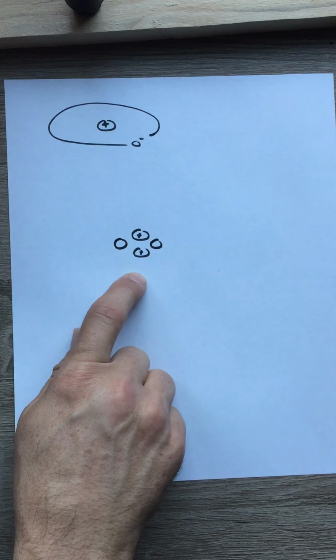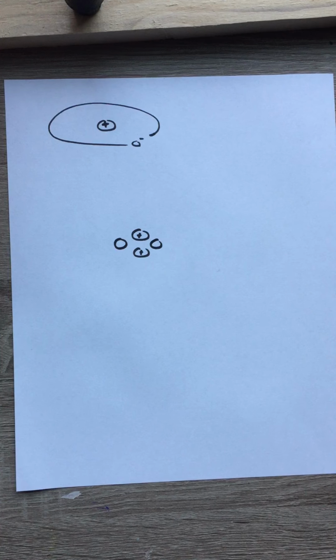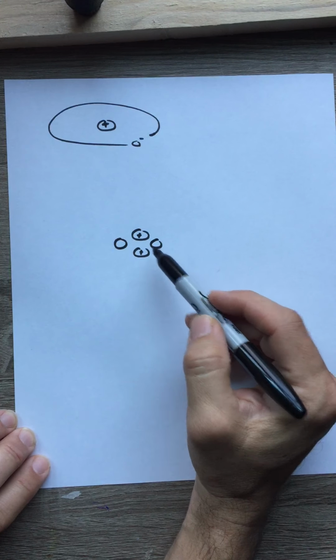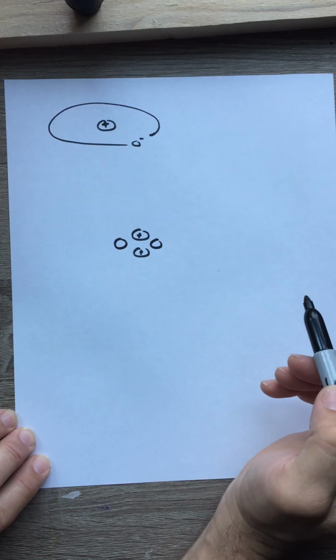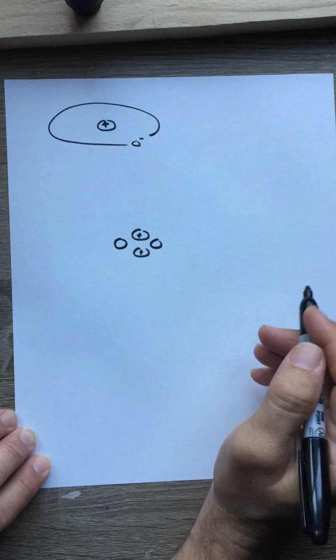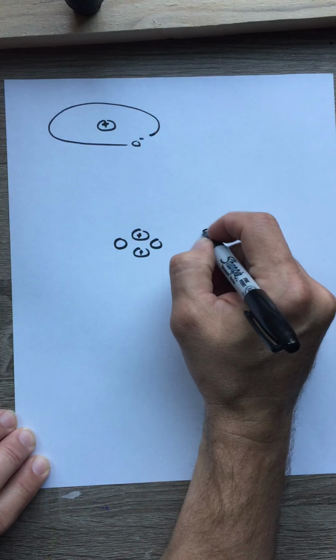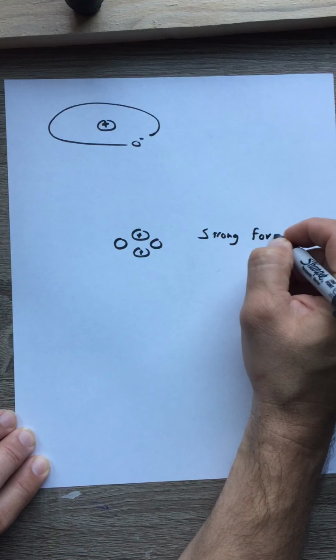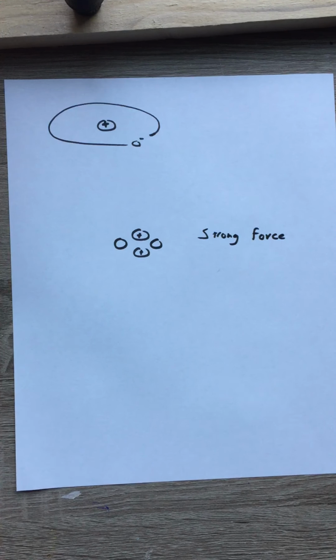And then I've got two neutrons, which don't really care because they're not electrically charged. So what we know about this force that has to hold this nucleus together is that it's stronger than the Coulomb force. For that reason, and because physicists are remarkably imaginative, we call it the strong force. Really, we call it the strong nuclear force because it's strong and it exists in the nucleus.